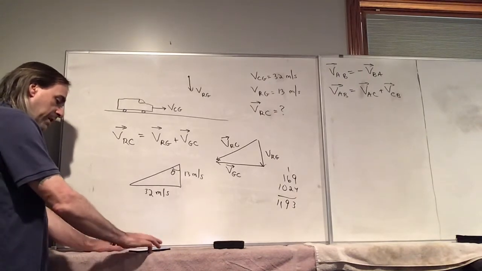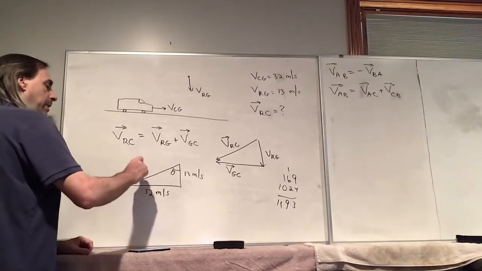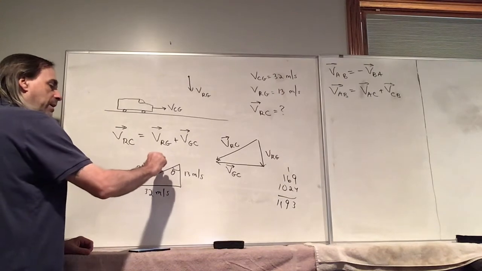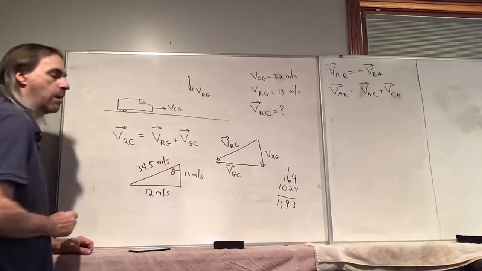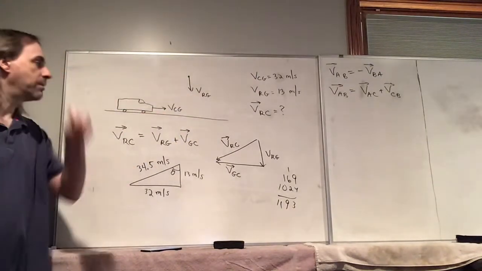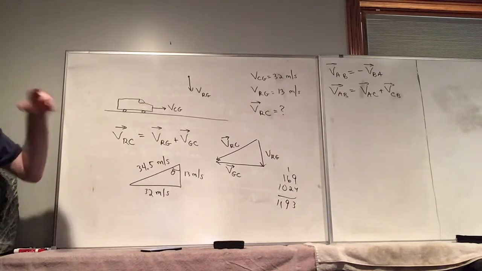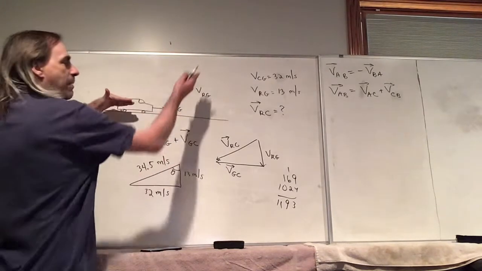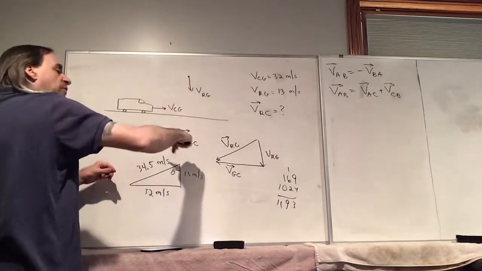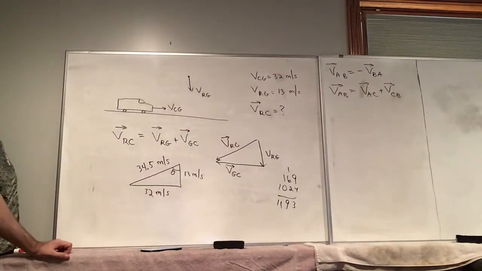Square root of 1193 is 34.5 meters per second. So that's how fast the rain is moving relative to the car. It makes sense that it's faster because you're moving towards the raindrops. And this angle makes sense as well. From your perspective, the raindrop should be moving towards you, and it's also falling down. So it should point in that direction, but we want to find the angle.